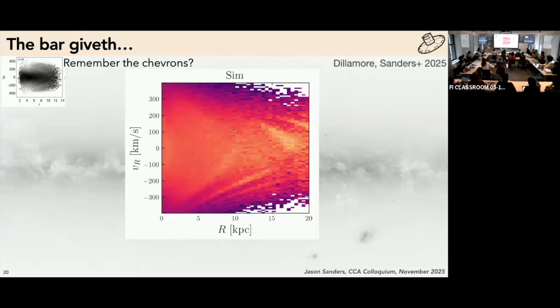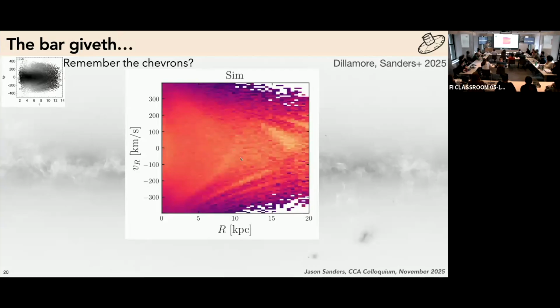But you can see pretty nicely that you don't get these symmetric. The chevrons shouldn't be symmetric in this model, and that's exactly what we see in the data.